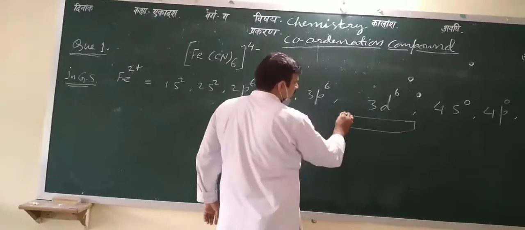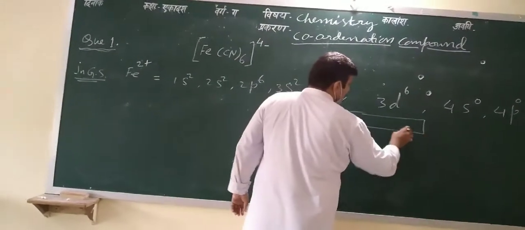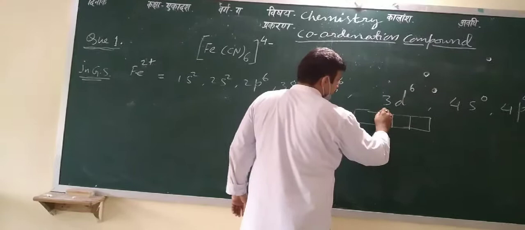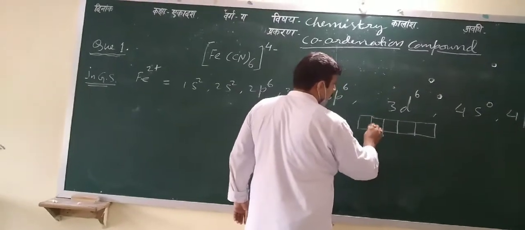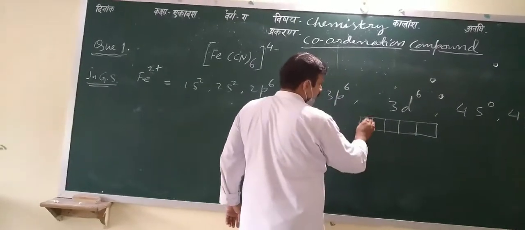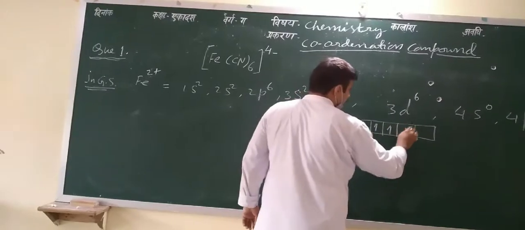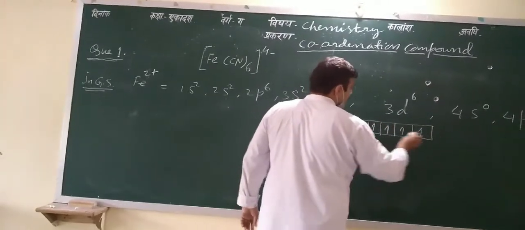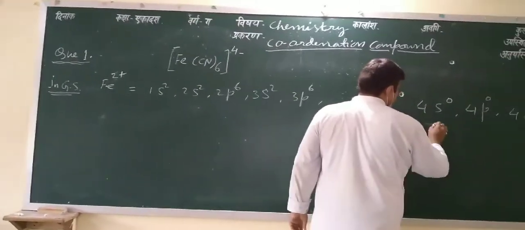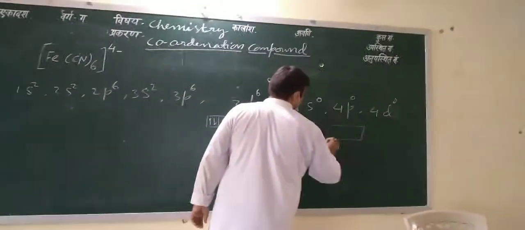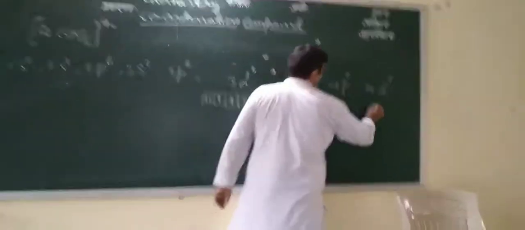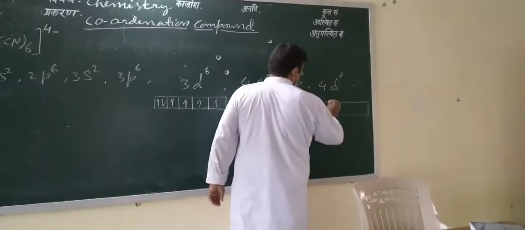This is the 3d6 orbital, and 4s is empty, 4p is empty, and 4d is also empty.